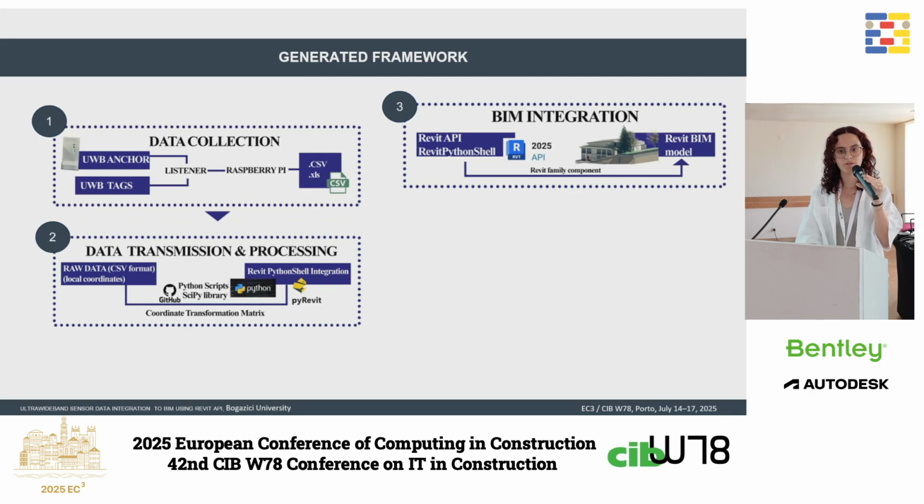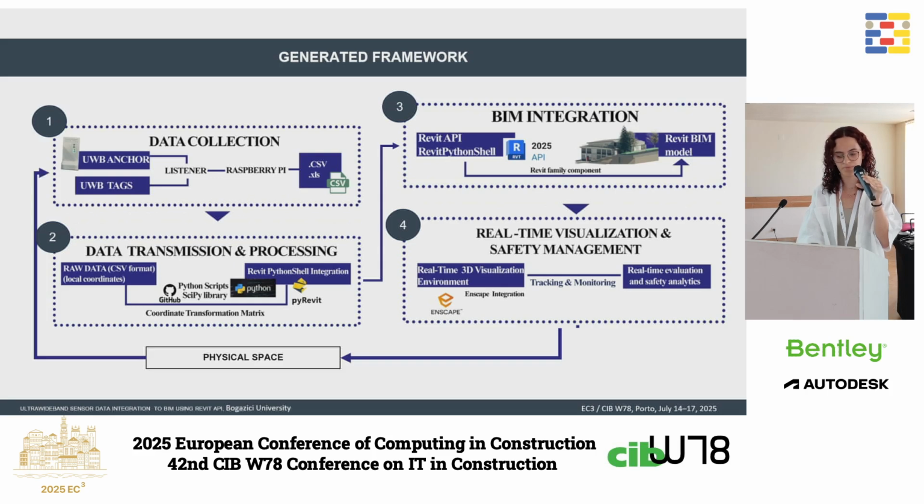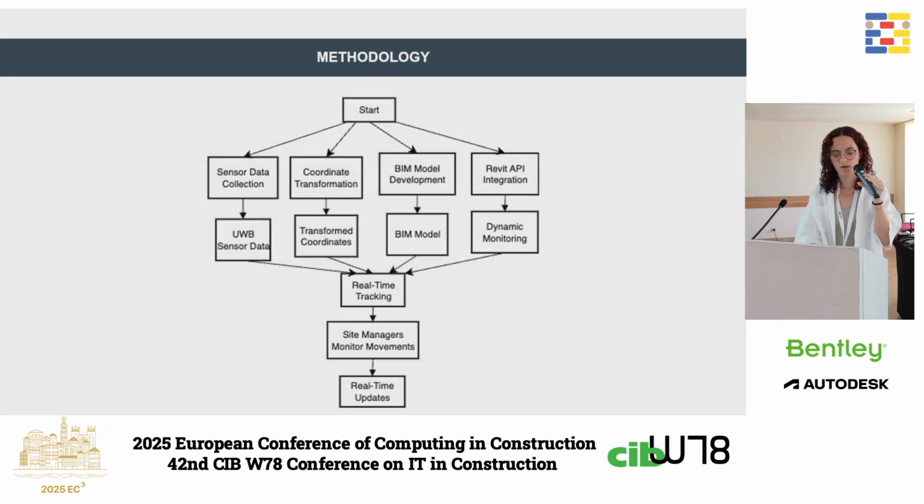We then transmit and process those CSV files by utilizing PyRevit, which enables connection with the Revit application programming interface. Then we immerse the visualization by using virtual plugins such as Enscape. This is our system architecture, how we have the framework.